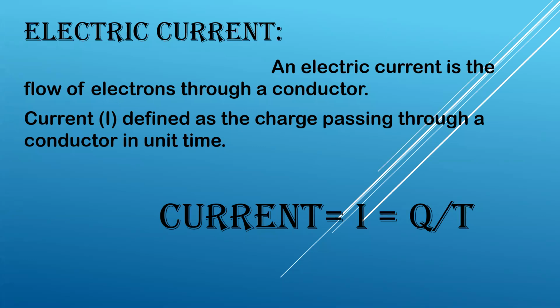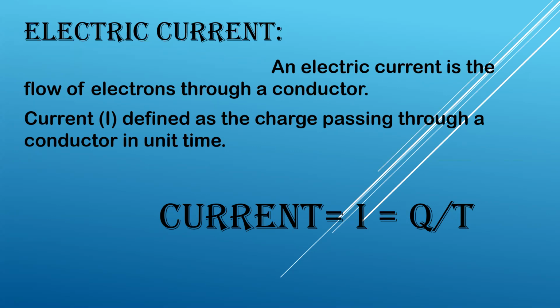Children, it's a very important part, because in the exam maybe you will get the definition of electric current, the formula of electric current, or what is the unit of electric current. So see here, I have written that an electric current is nothing but the flow of electrons, the flow of negative charge.